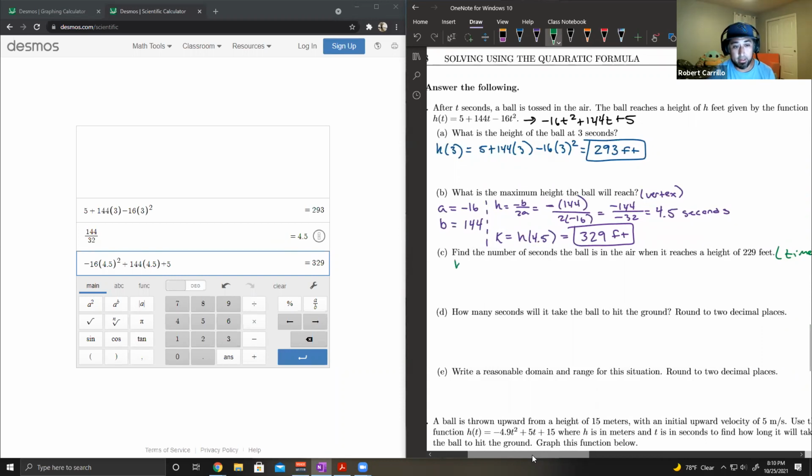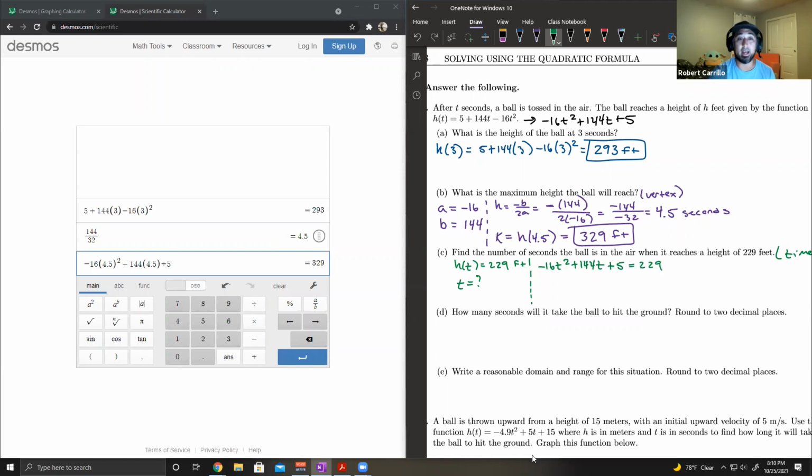So for C, they say the height is 229 feet. What is the value of t? So what we're going to do is take our equation and set it equal to 229. So we're going to take negative 16t squared plus 144t plus 5 and set it equal to 229.